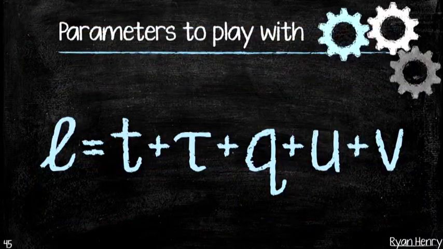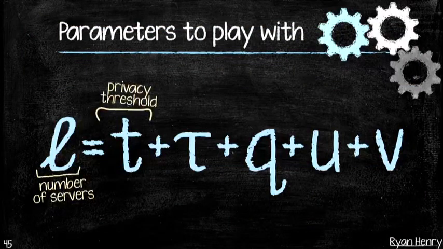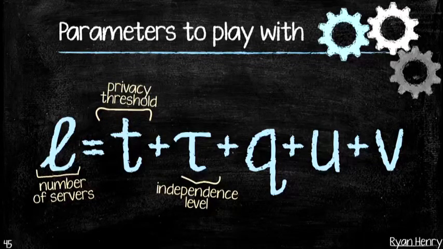So L here is the number of database servers. T is that privacy threshold. It says how many of them are allowed to collude. So if T collude, nothing bad happens. If T plus 1 collude, bad things. Tau is that independence level I mentioned before. We could add extra random points when we're doing the encoding to stop servers from learning the database. So tau is how many servers are allowed to talk to one another before they can learn the database. By default, it's just 0, but if you want to bump it up, you can.